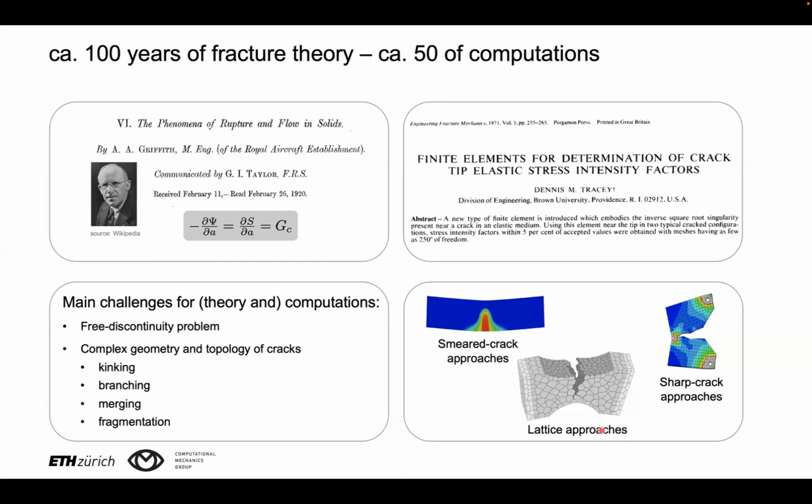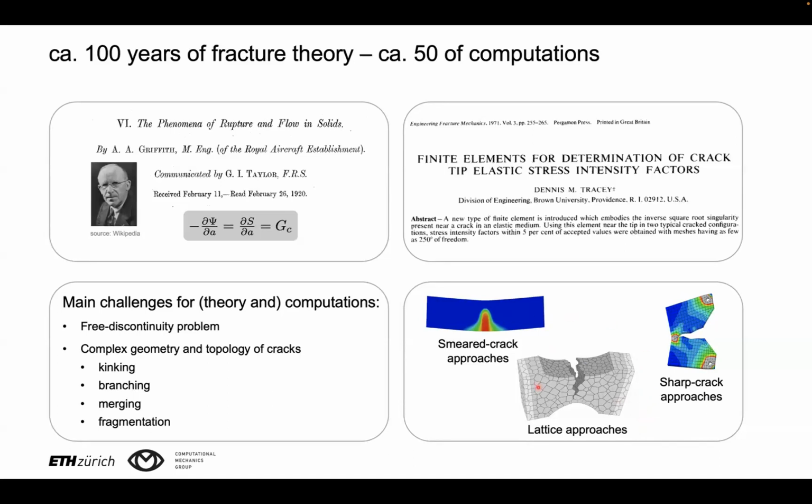They have issues in being really predictive for the general case, let's say, for cracks of arbitrary topology and geometry. So as usual in computational mechanics, no approach has really only pros or only cons. Each approach has strengths and weaknesses.